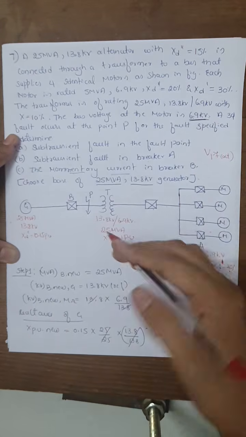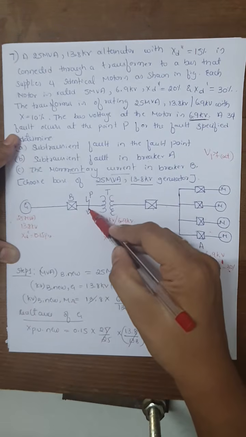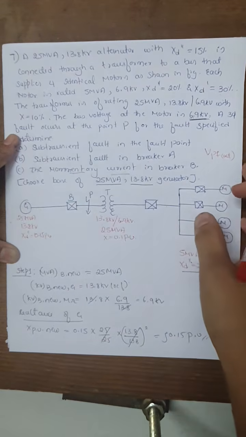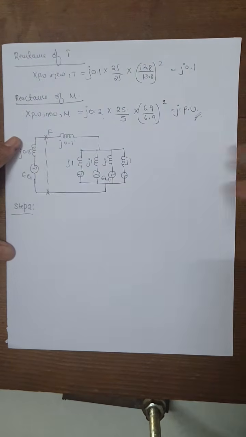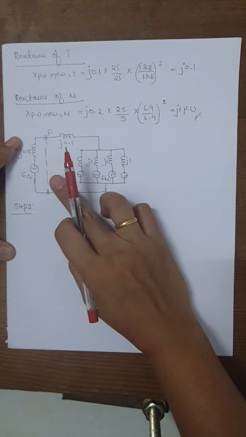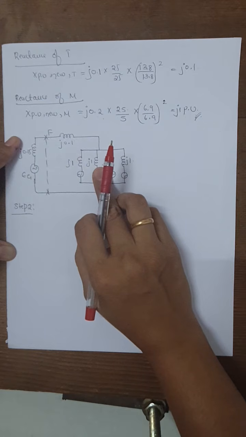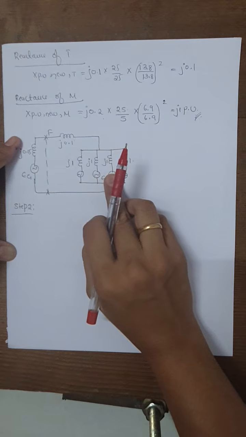But you have to observe that the fault has occurred on the generator side. So what we have to do is make sure that the generator terminal will be equal to the motor terminal, so that we can consider VGT will be equal to VPF per unit.